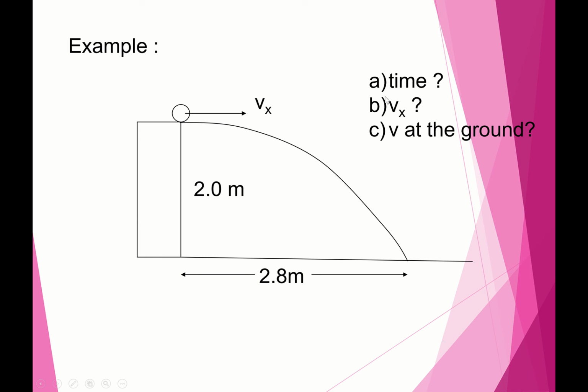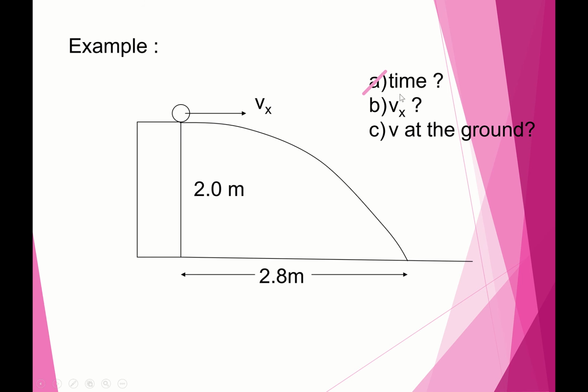We are going to find the time taken for the object to reach the ground, determine the horizontal velocity Vx, and also the velocity of the object when it reaches the ground.